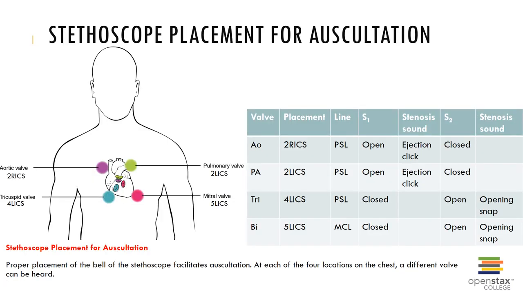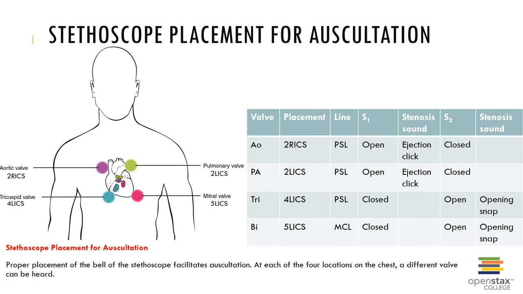Now let's examine the heart sounds. There are 4 heart sounds that are produced as a result of the cardiac cycle: S1, S2, S3, and S4. If you listen to or auscultate your own heart sounds with a stethoscope, you can clearly hear the first and second heart sounds.